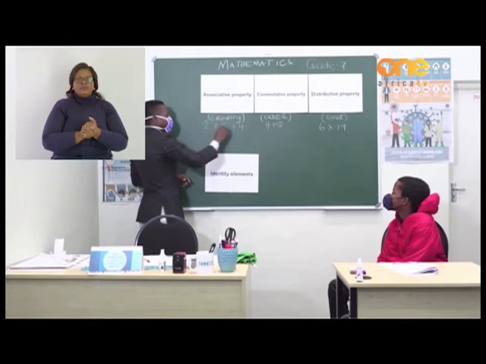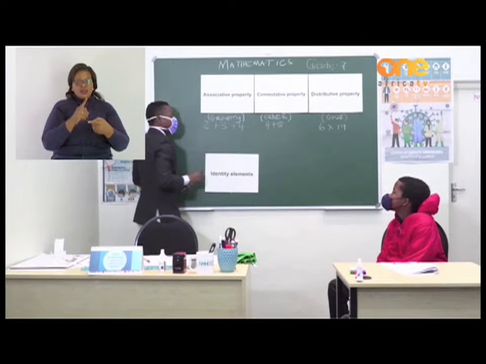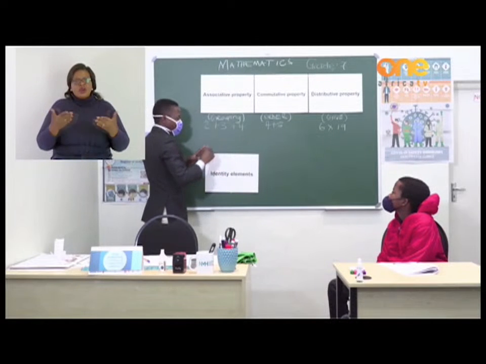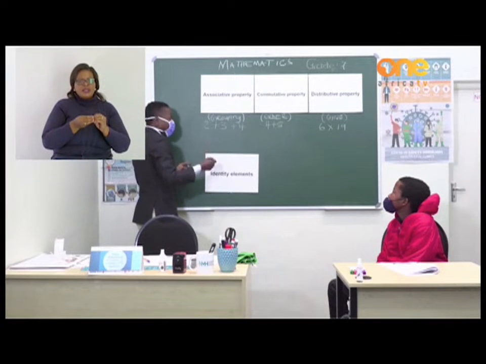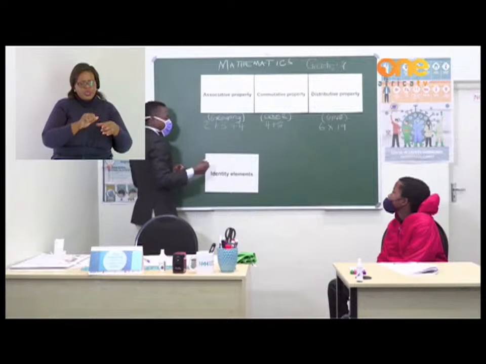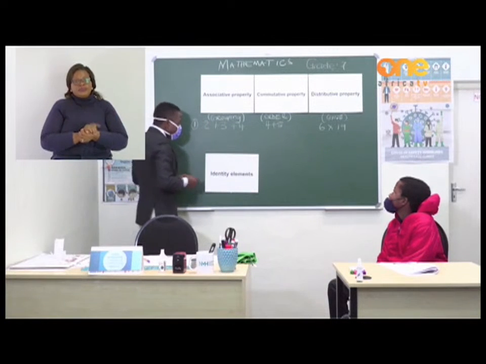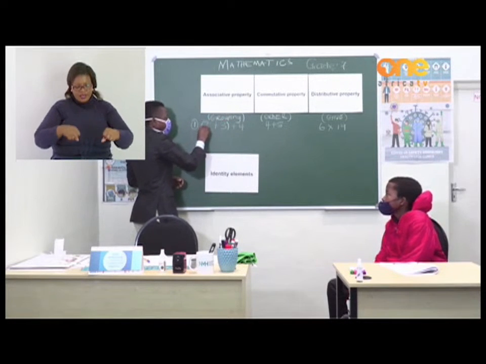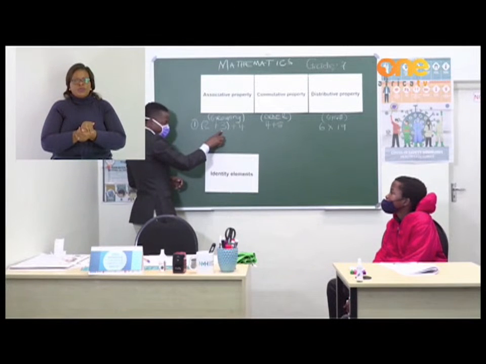If I have 2 added to 3 plus 4, you can decide wherever to start. If a number is associated with the other number, then it's up to you to decide where you want to start. For example, I can decide to start here, meaning what I put inside the bracket is what I have to do first.